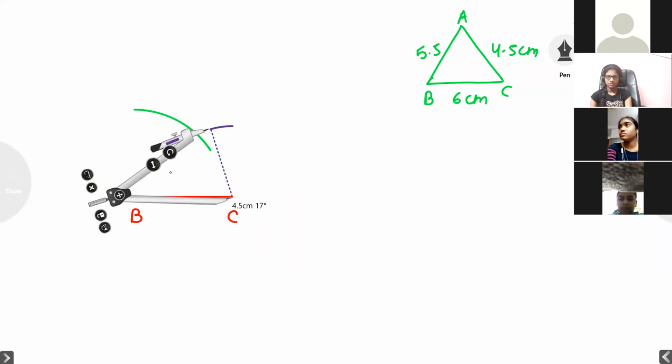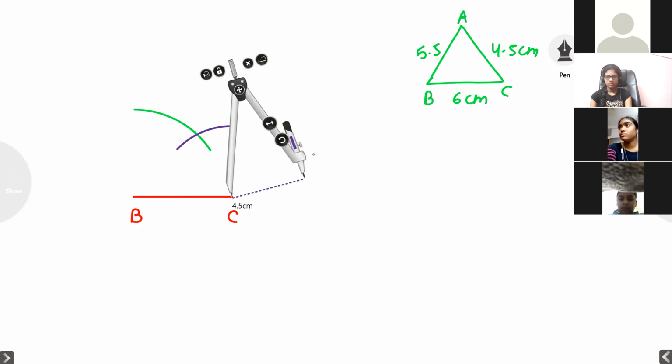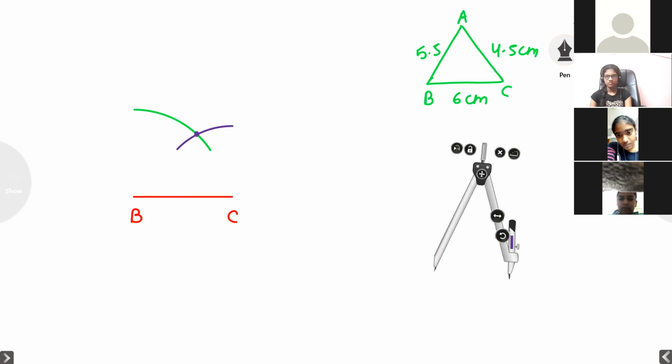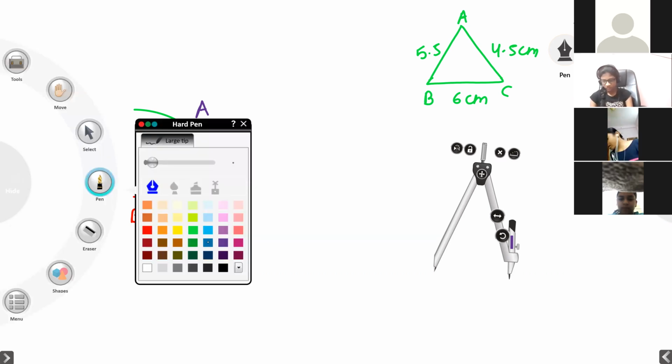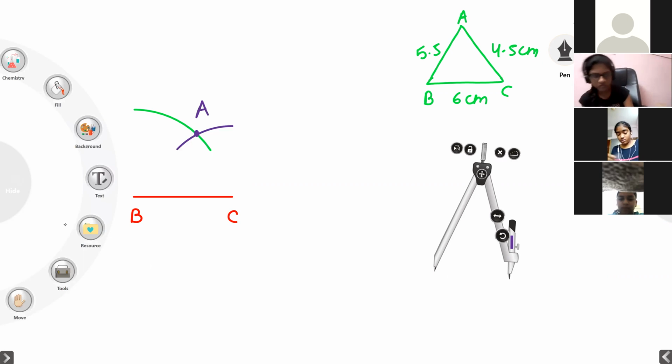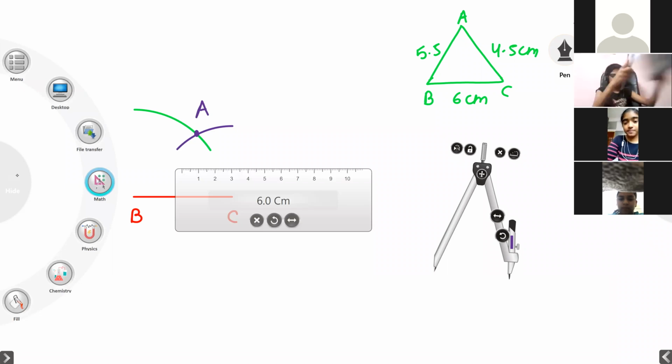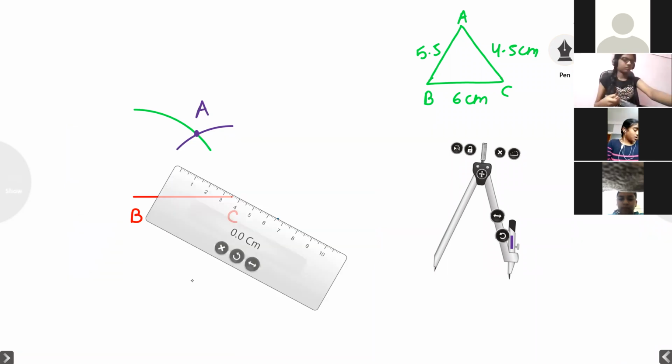Now both arcs are intersecting at a point. The point name is called A. Now join AB and AC. This is the required triangle ABC. Start drawing, everyone. With the help of scale, we can join AB.